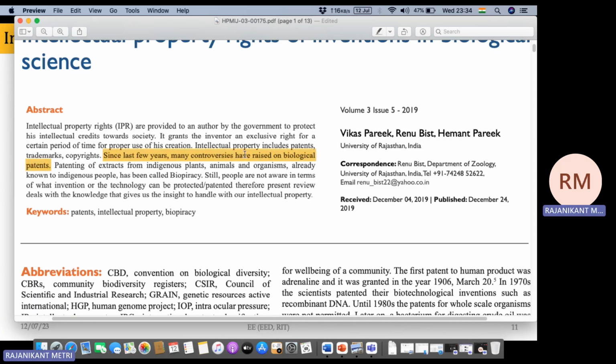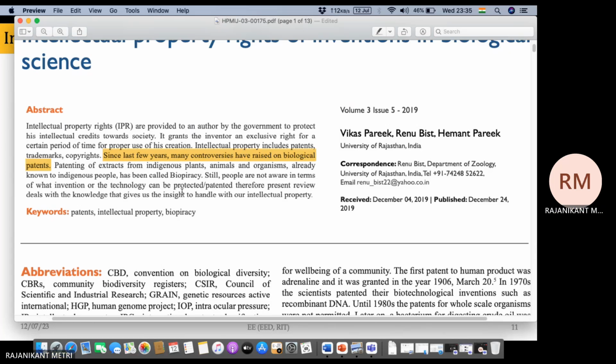Patenting of extracts from indigenous plants, animals, and organisms already known to indigenous people has been called biopiracy. And still, people are not aware of what invention or technology can be protected or patented. Therefore, the present review deals with the knowledge that gives us the insight to handle our intellectual property.